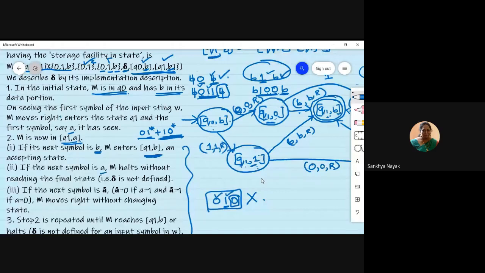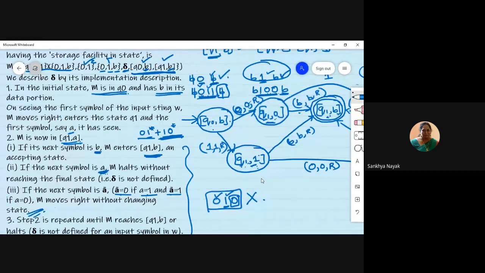Then next, if the next symbol is A. Now A is depending on the previous symbol. For example, if I had used previously 0 and the next symbol is 1, so that's why they have written if A is 1, A bar is 1. If A bar is 0, A is 1, A bar is 1, A is 0. That means whatever you hadn't seen, if you see that, then only we are going to make a state change.